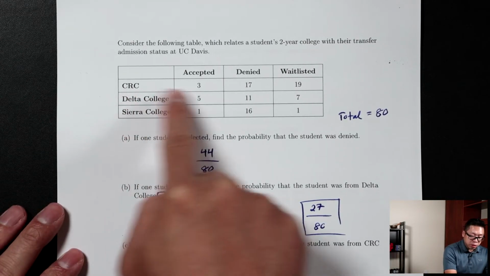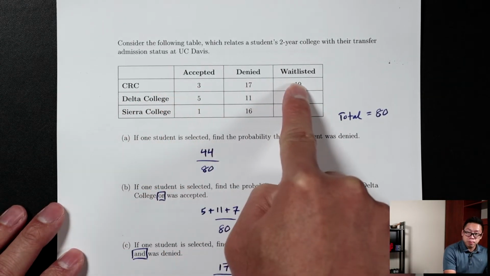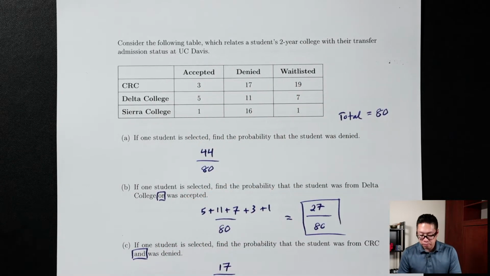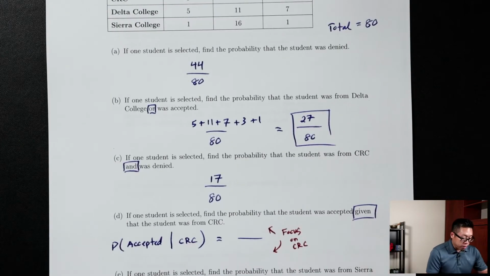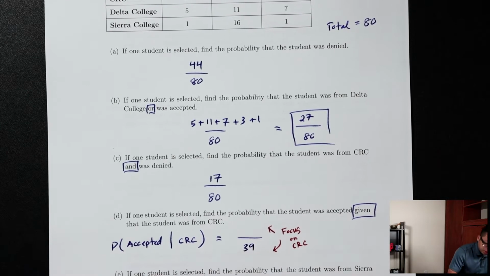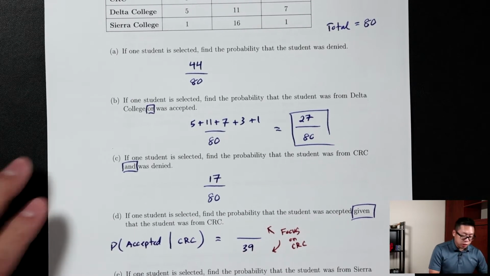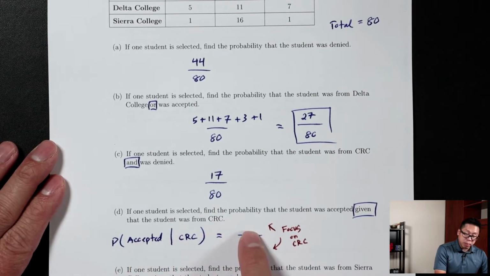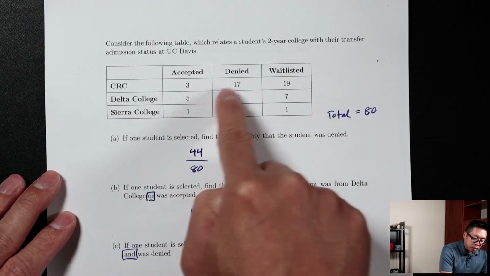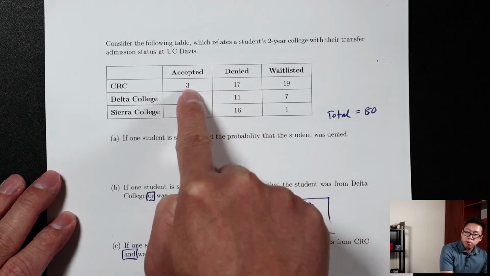So focusing just on the CRC students, how many are there total? The total would be 3 plus 17 plus 19, and then we have a total of 39. That's the bottom. And then still just focusing on the CRC students, how many are accepted? 3.